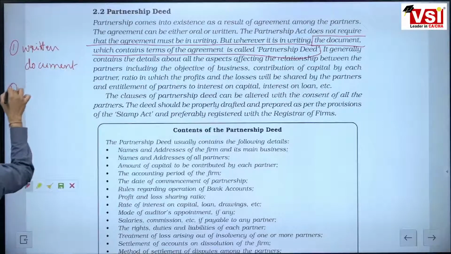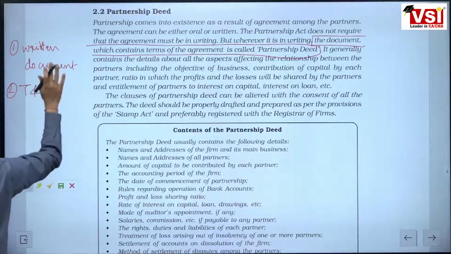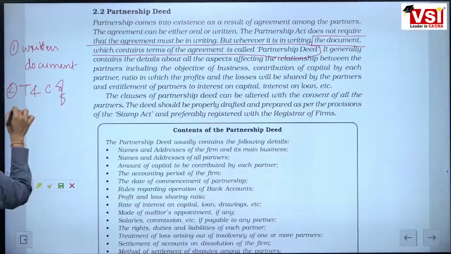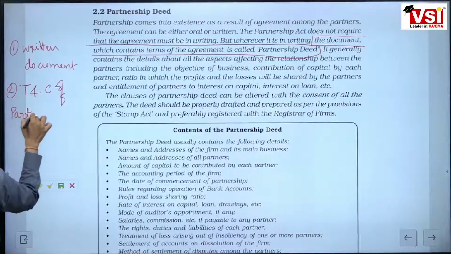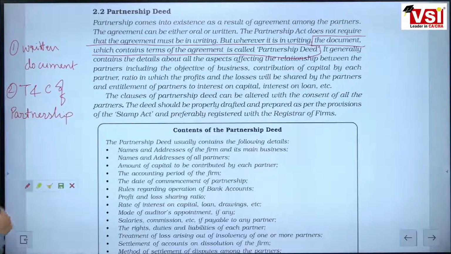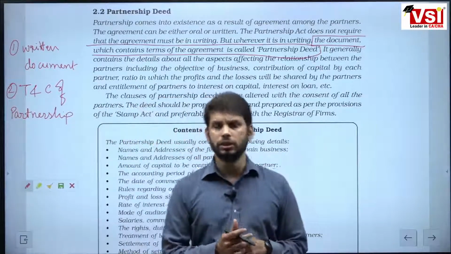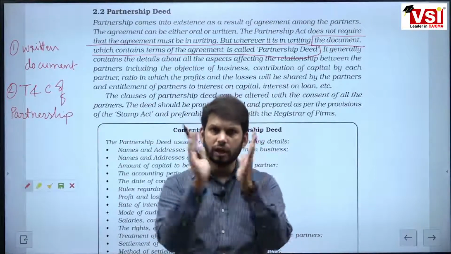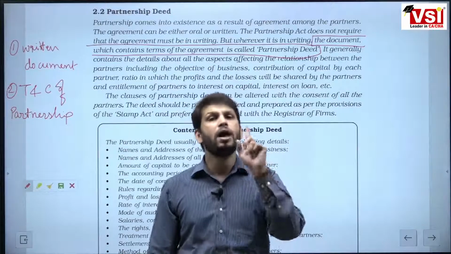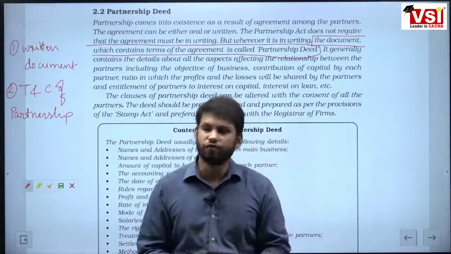It contains terms and conditions of partnership, okay. So, whenever the word partnership deed is written, we will understand that it is a written thing, and it contains what? The terms and conditions of a partnership.